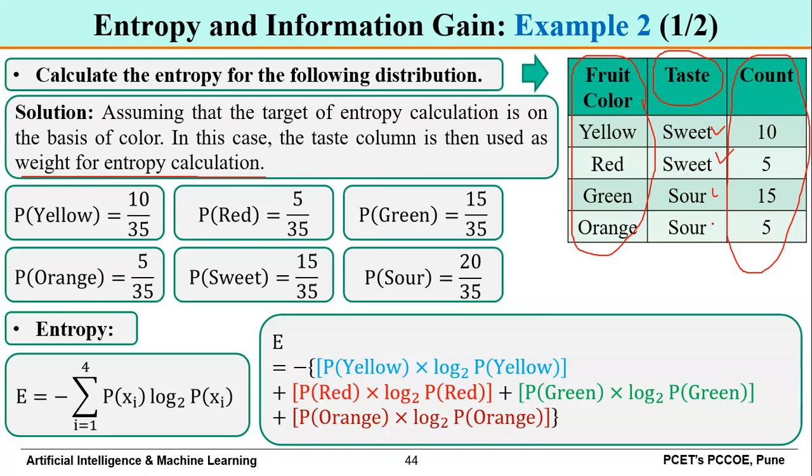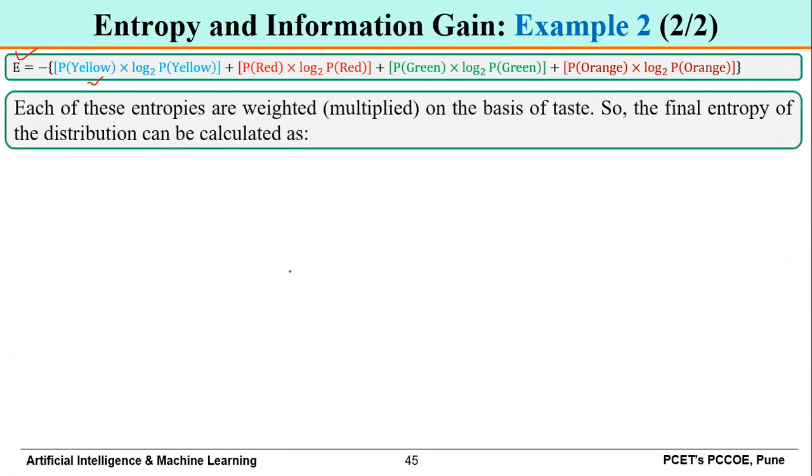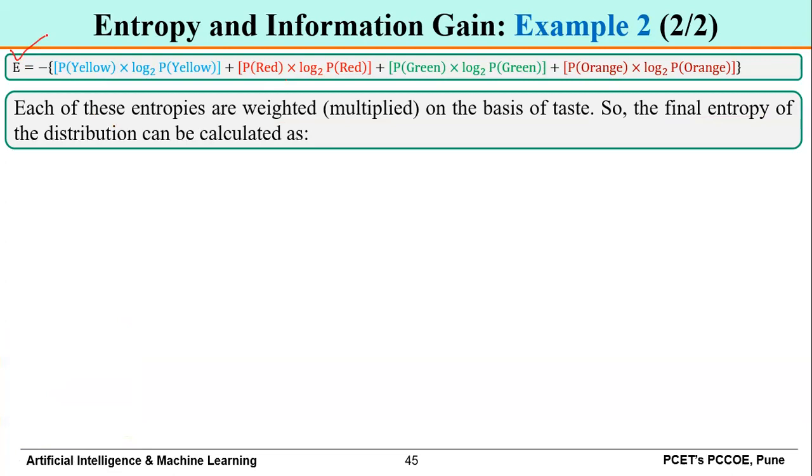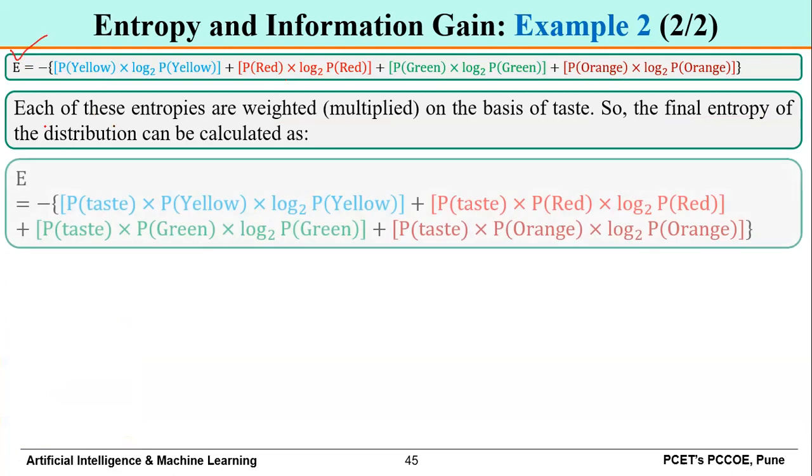The sweet and sour parameters will be used for calculating the weight. So accordingly, we will consider the taste parameter as well, and each of these four entropies will be multiplied, or weighted, on the basis of taste, and that will provide you the final entropy. So we have the entropy formula here that we normalize.